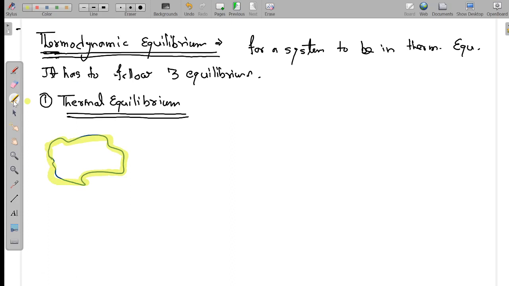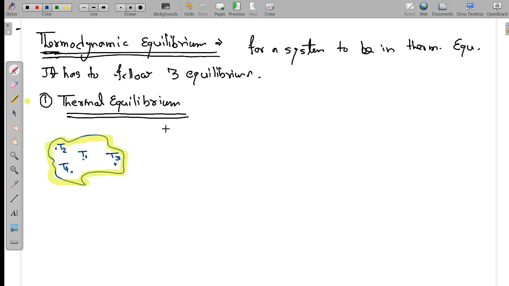Now, let us consider the temperature inside this body at this point is T1, at this point temperature is T2, at this point T3, at this point T4, and similarly so on. So if the temperatures at different points of this body are different, then what will happen?